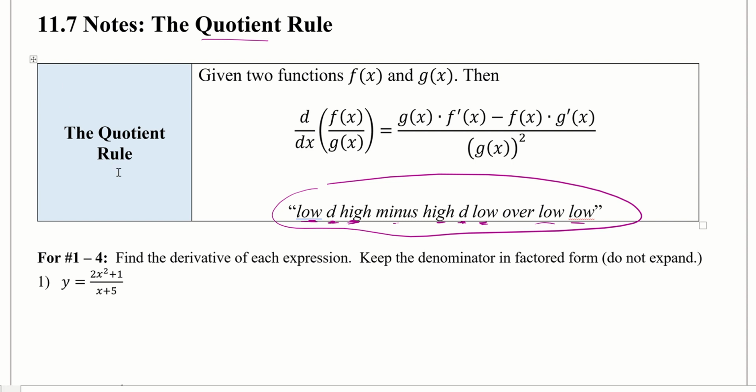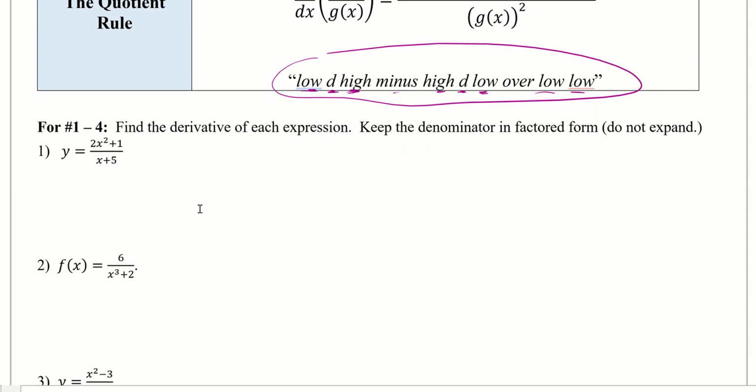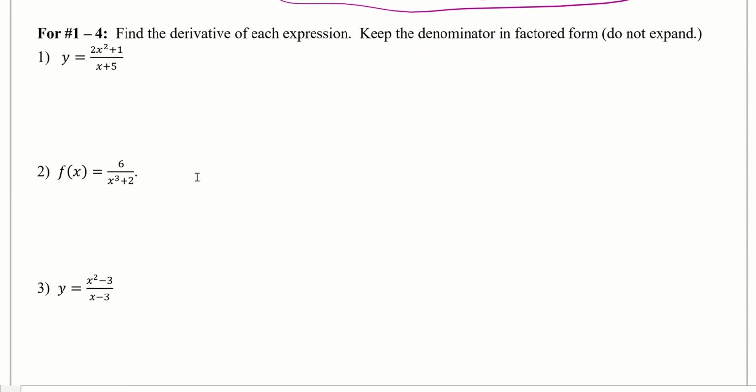Still, if possible, see if you can simplify something into just a polynomial or something like that versus a rational function, do it, okay? So here it says find the derivative of each expression. We can keep the denominator in factored form. We don't have to FOIL it out, which is nice, okay?